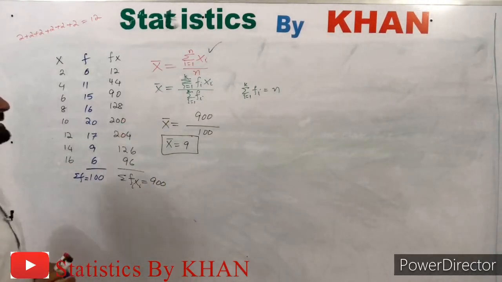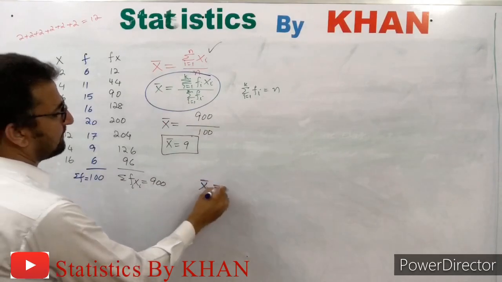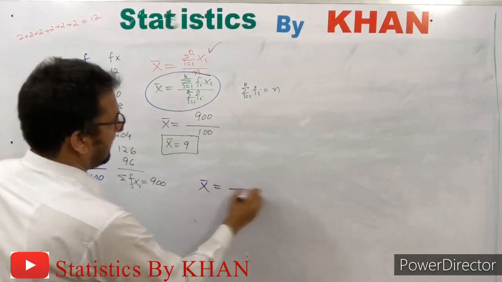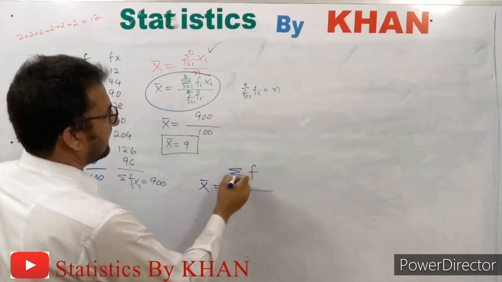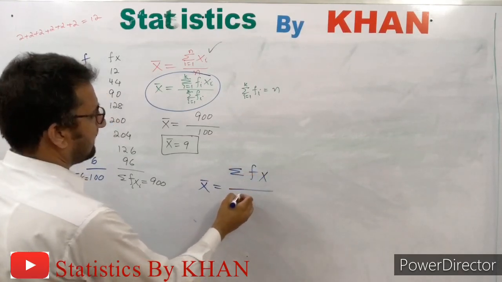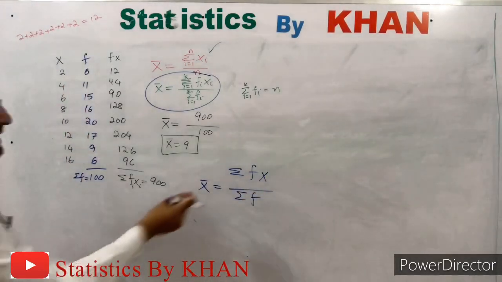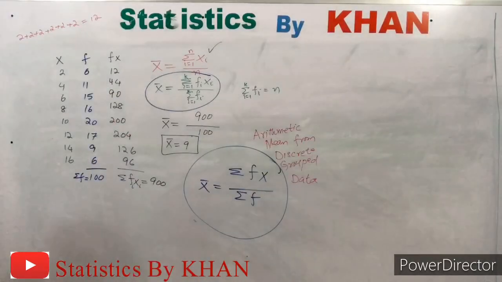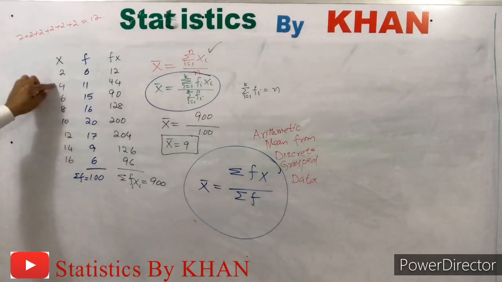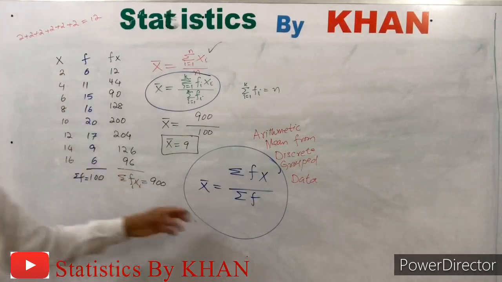You can write this formula in a simple form as well, dropping the i from 1 to k: summation fx divided by summation f. So in simple words, if you have a frequency distribution, meaning you have the values of the variable and the corresponding frequencies, then you can use this formula.